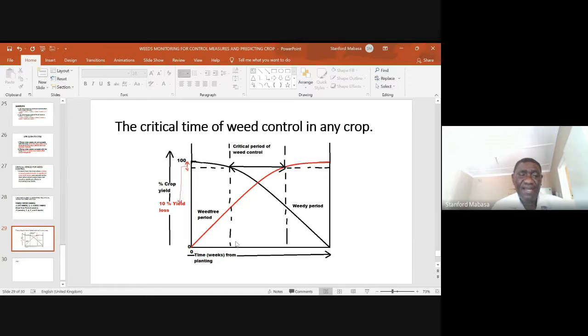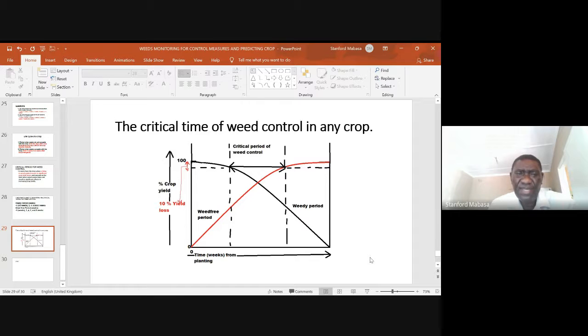Now, the data which we obtain from such an experiment can be used to plot two graphs which are superimposed, which can illustrate the presence of the critical period for weed control. On the x-axis, we have time in weeks.